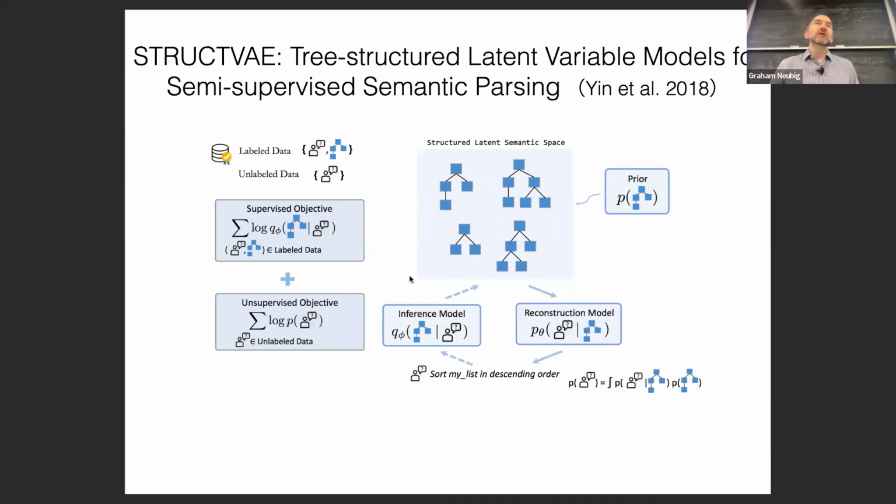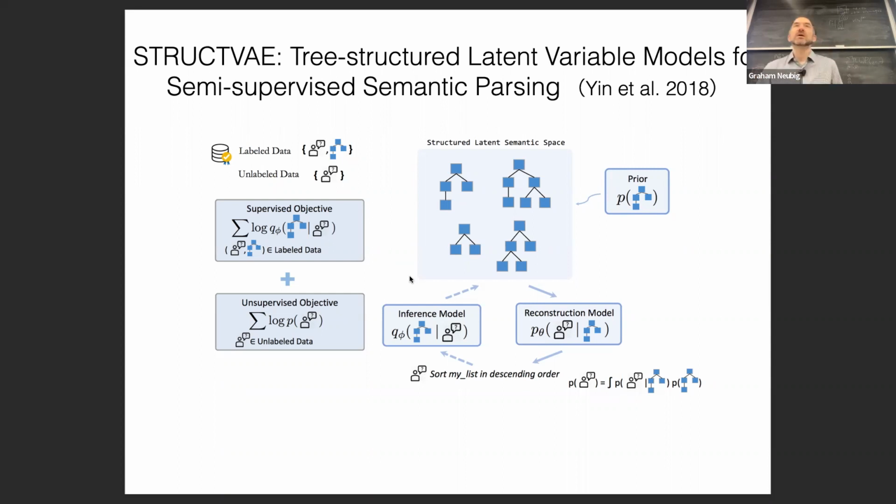Another example that we have here is semi-supervised learning for semantic parsing. Semantic parsing is essentially going from language to some sort of underlying semantic representation, for example code or question answering programs.